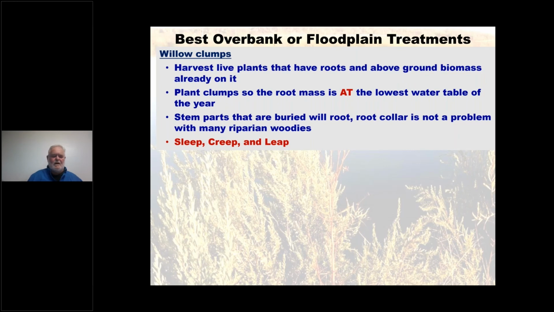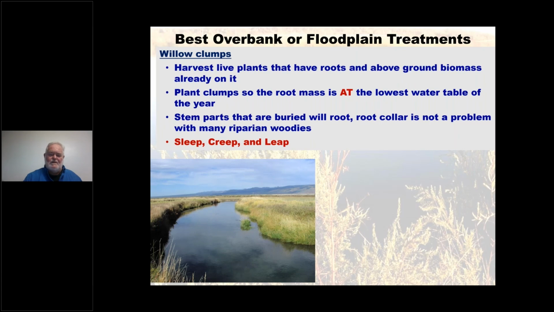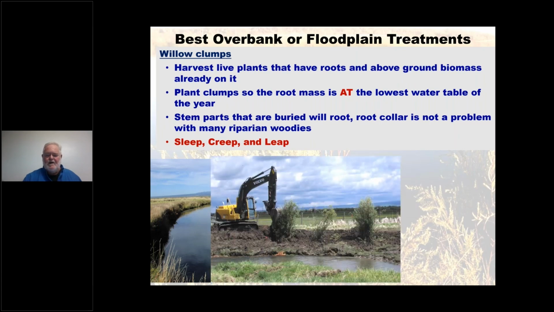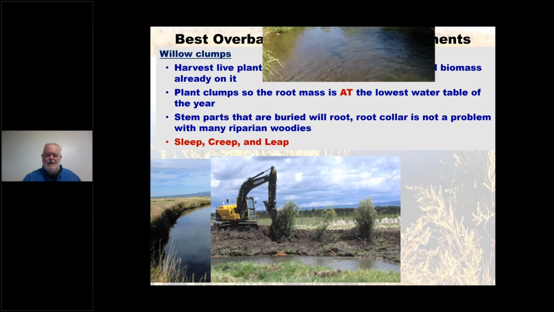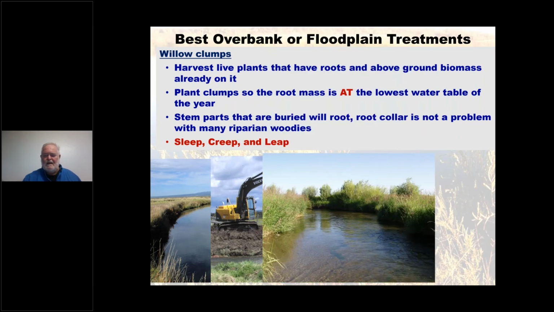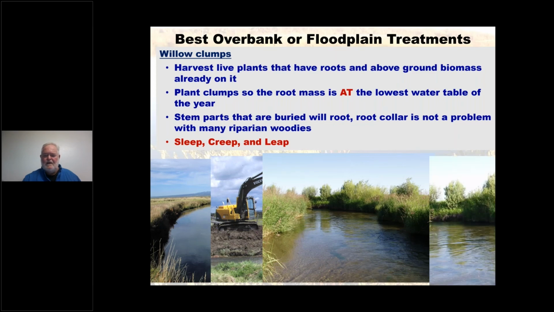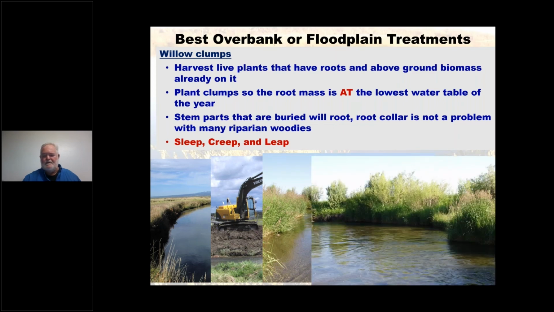And then the third year it'll be amazing. It'll just leap out of the ground, and there'll be leaves going everywhere, and you'll think, "Holy mackerel, where's this thing been?" So if it's not doing what you really want it to do, just give it a little bit of time. So here, where they're planting the live clumps, and then this is what it looked like in 1 year, and then this is what it looked like at the end of 3 years.